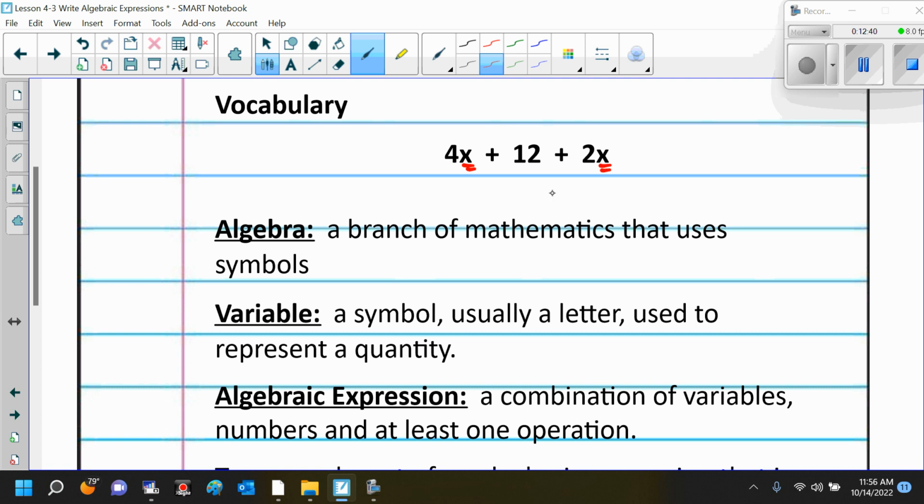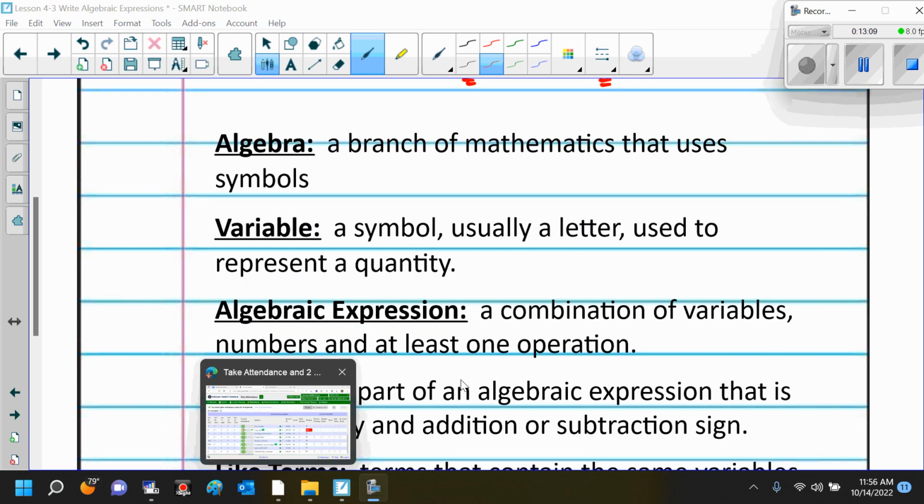I'm sorry, the x's are the variables, not the 2, just the x. Those are variables. The whole thing is an algebraic expression. An algebraic expression is a combination of variables, numbers, and at least one operation.